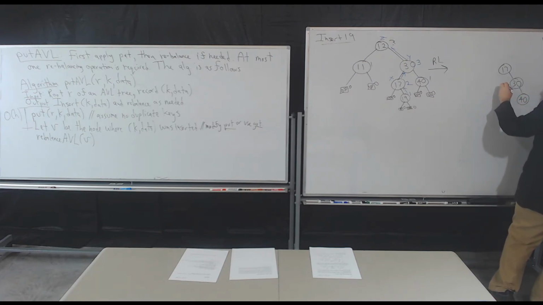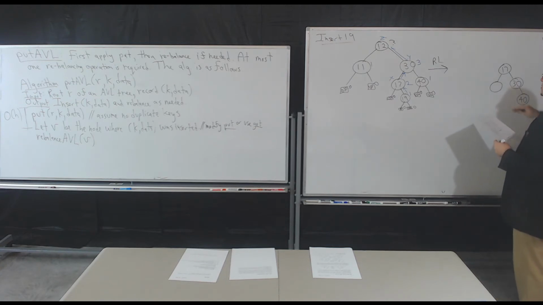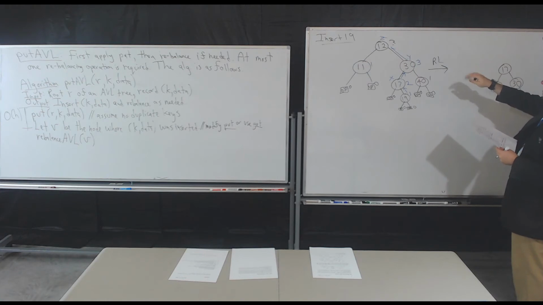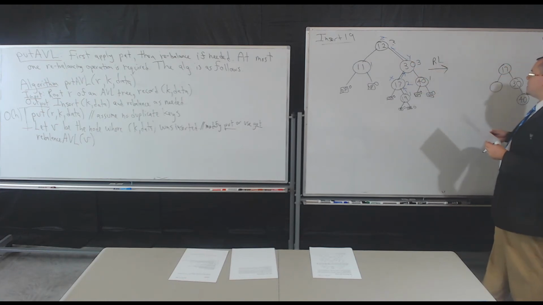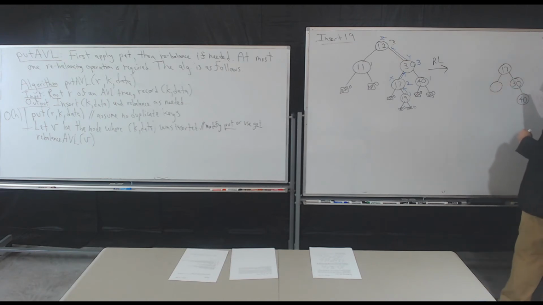Then 19 was originally going to be on its... let's take a look at this. So this goes up, so this gets promoted, that gets demoted. So what's going to happen? On my left, where does 19 go?